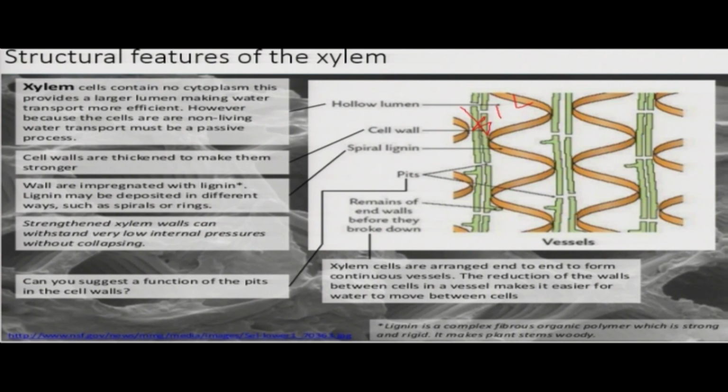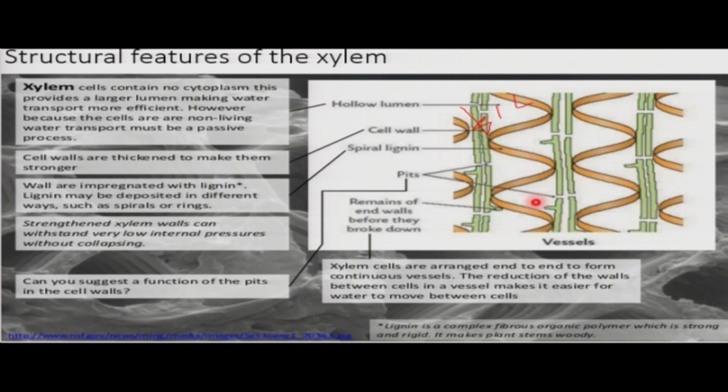Something else we need to remember is that these are initially cells during development. That's why we have walls. That's why we have the word cell wall. During development and their formation, initially we have cells that actually have even ends.